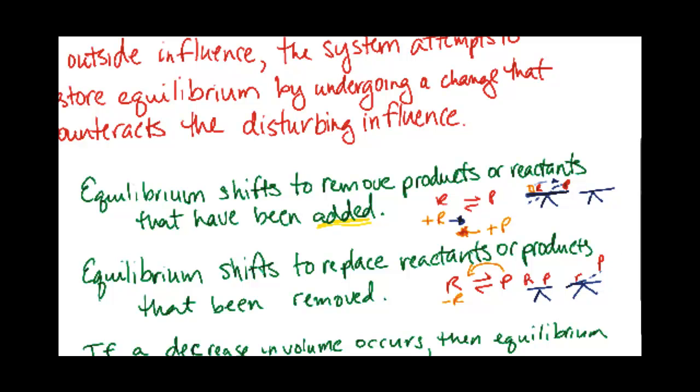So to shift the equilibrium, some of this product now has to go to the reactant to restore the balance. So it does that and restores the balance by giving some of it that way. So if we subtract reactant, the equilibrium shifts to the left. If we subtract product, the equilibrium shifts to the right to replenish both of those that have been taken away.